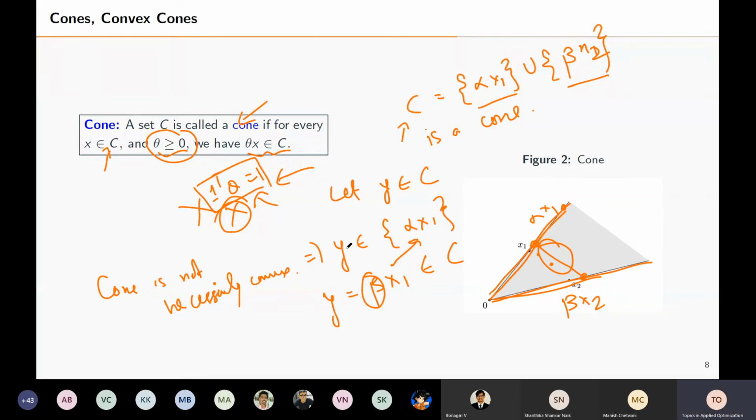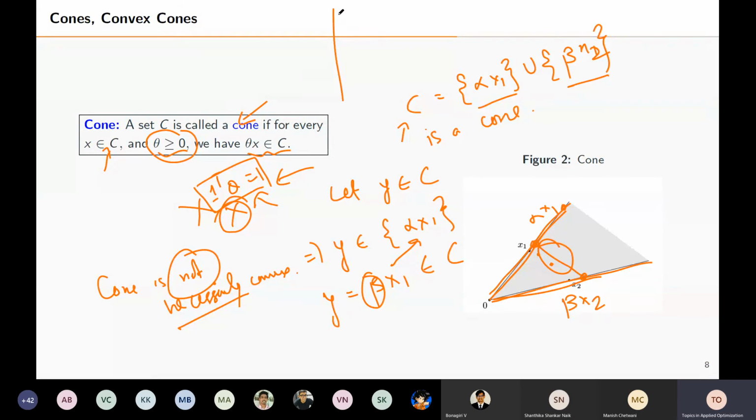But is it always true that a cone is not convex? I'm saying not necessarily. I'm not saying not always. Sir, can you give us an example of a cone that is convex? Half spaces. Yes, if we take half spaces, then they would be convex. So if you take half spaces, the half spaces are cones, but they are also convex.